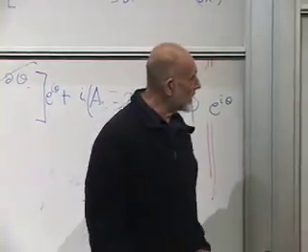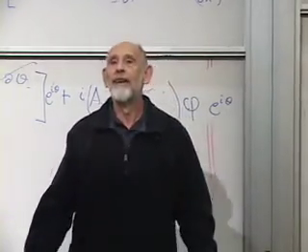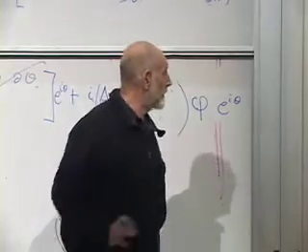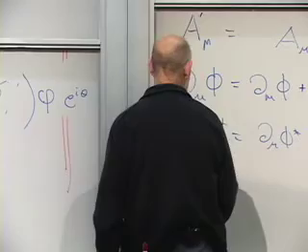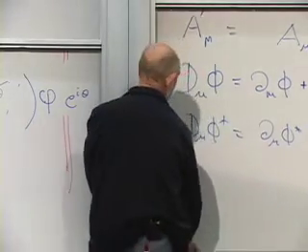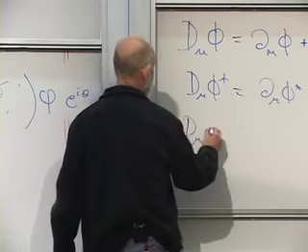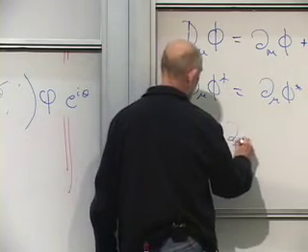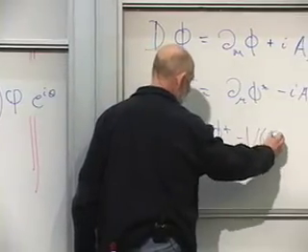Okay. Now, next. We're missing something in the Lagrangian. What are we missing? Oh yes, of course, we are missing the potential. Let's add that in. The Lagrangian is the derivative of phi times the derivative of phi star, minus V of phi star phi.